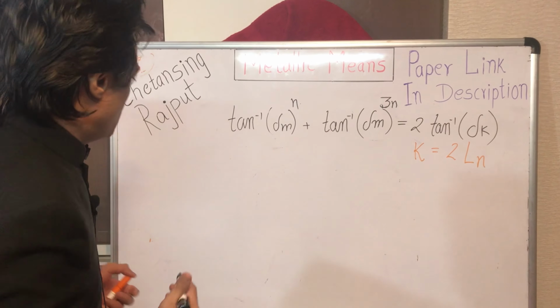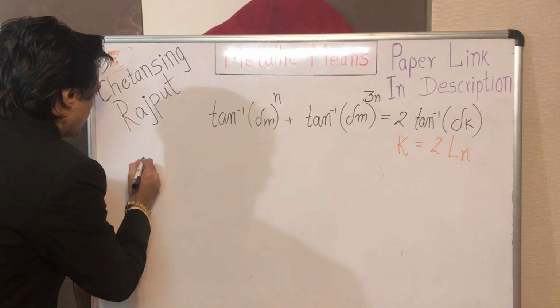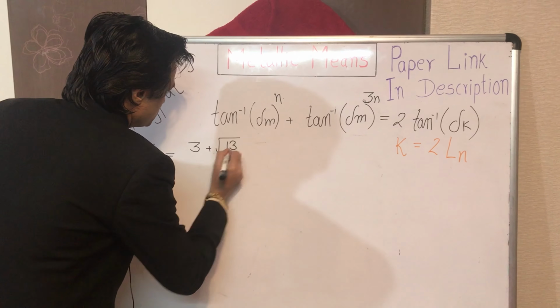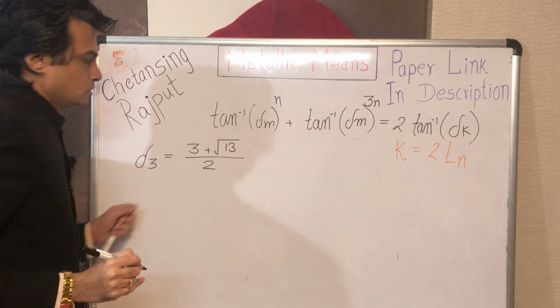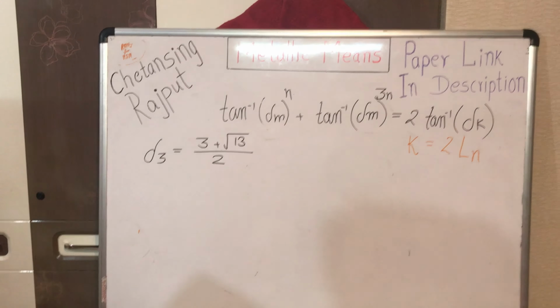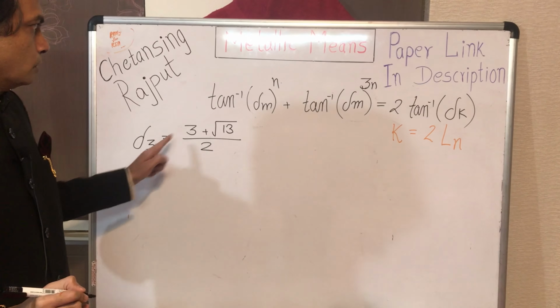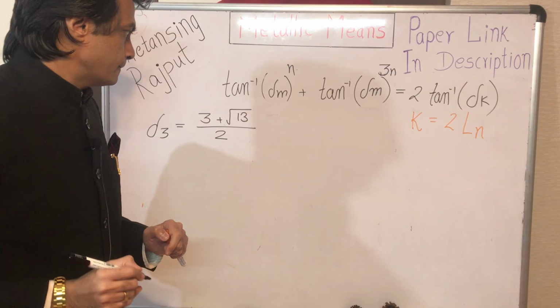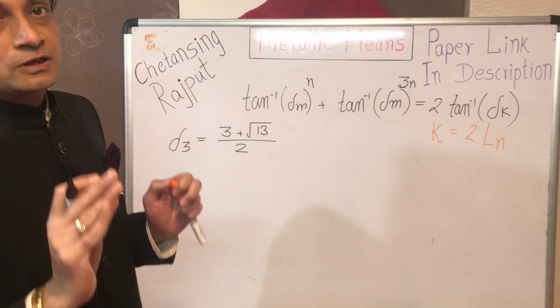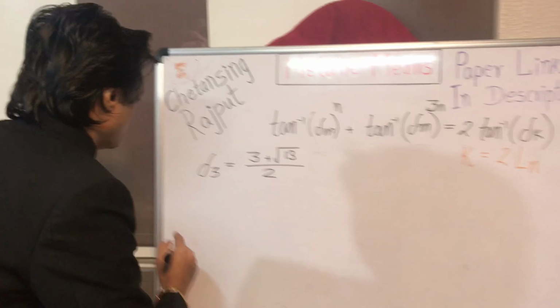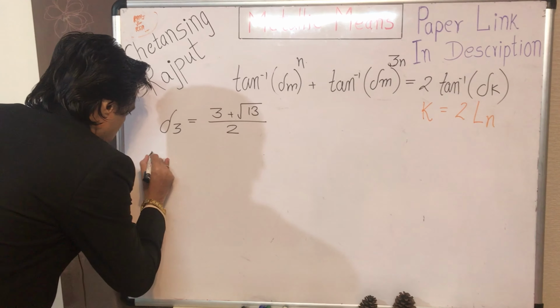Delta 3, the bronze ratio, is equal to 3.30277 and something, or more precisely, 3 plus root 13 upon 2, the fractional expression. Let us put the value of this bronze ratio here and see the integer sequence associated with it.